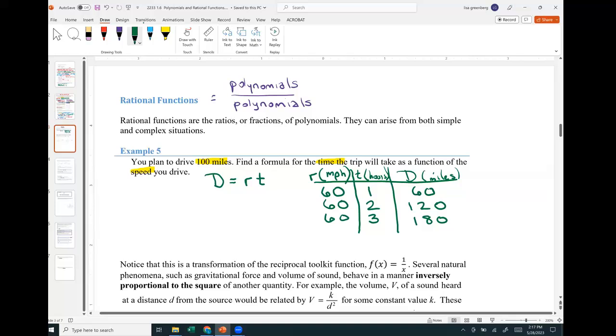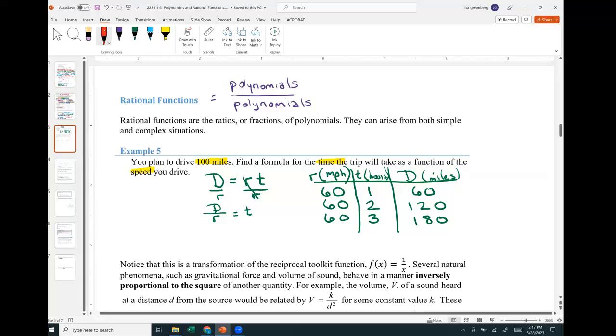Okay? Now we want to solve this for time. So how do I solve this for time? I divide both sides by r, which gives me d over r is equal, these cancel, I get t.